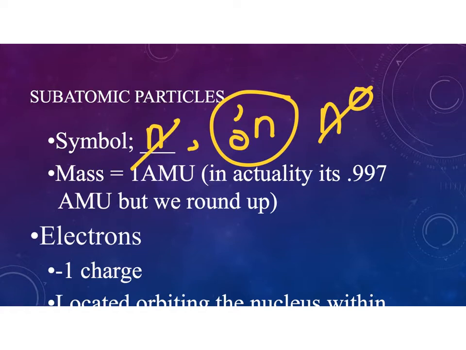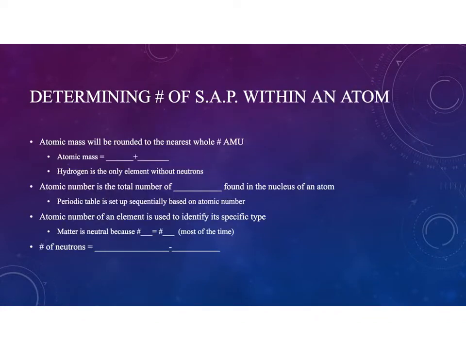And electrons, they are -1 in charge. They are not found in the nucleus, and in fact are found within orbitals surrounding the nucleus. And this is attributed to the wave mechanical model derived from the planetary model. I'm just going to continue on this slide talking about the subatomic particles because it got cut off.